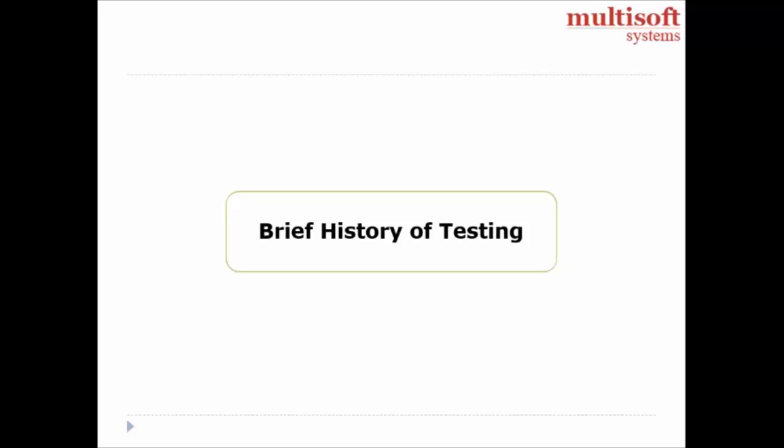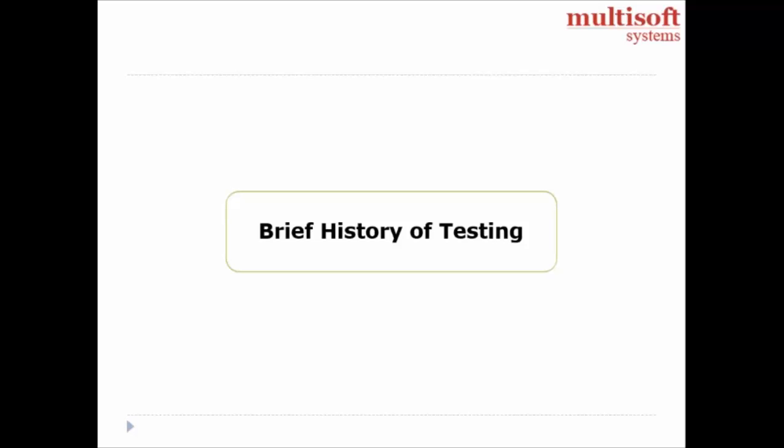And later, after 1956 or 57, that means the early 1960s, we can say, between 1960 and 1970, they started looking at debugging and testing as different. Once they developed the application, they might have done the debugging as well.